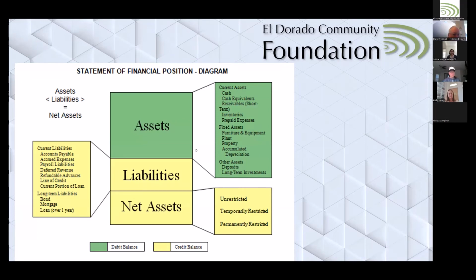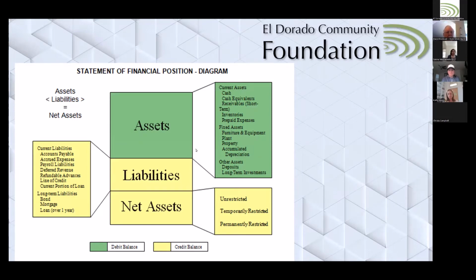We start off with the assets. They're green, they're lovely. That's all your cash in the bank, all your cash equivalents. If you have stock donations come in, your property, plant and equipment, all your deposits, all your long-term investments, any money invested in the stock market, that comes under the assets portion.